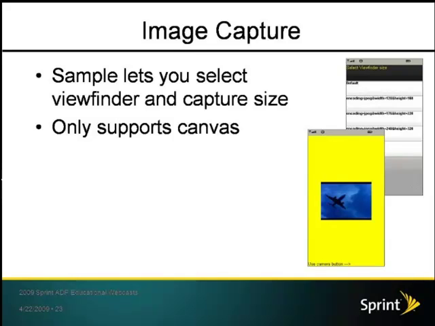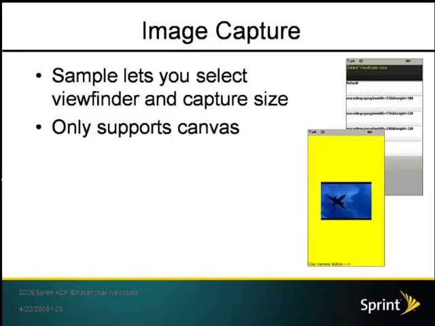Next one we'll cover is the image capture, so using the camera to capture an image. The sample that we provided helps you work within the constraints of the camera. We do have some constraints in the camera largely related to the memory constraints that are exposed to Java. For this reason, you're limited to the size of the image that you can capture.